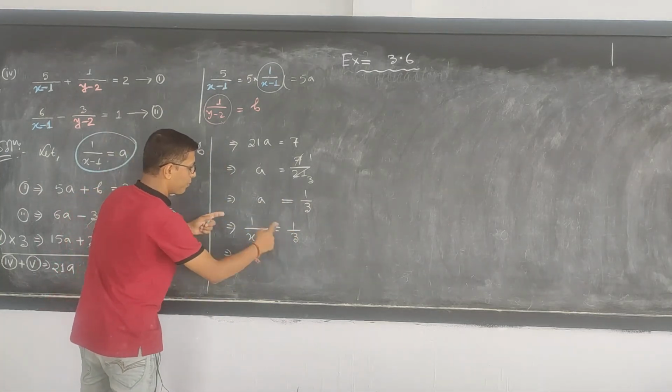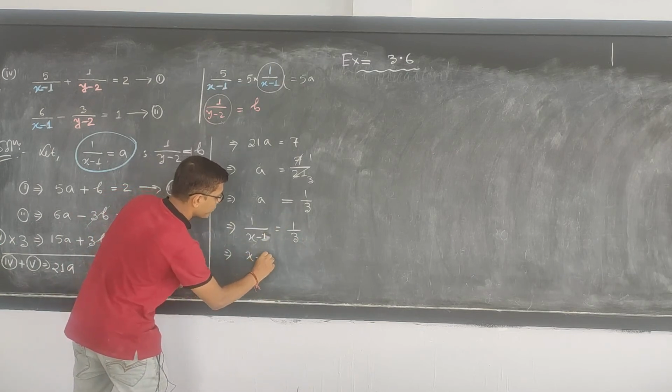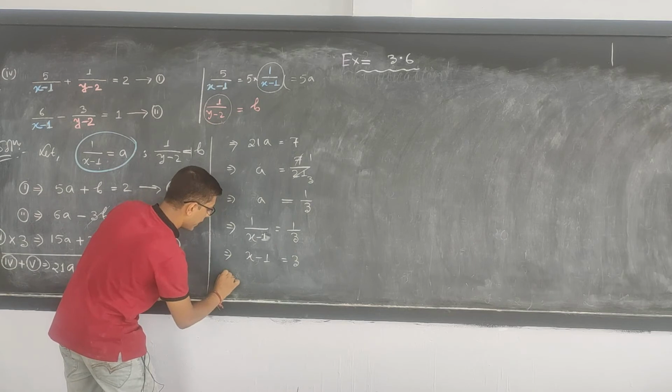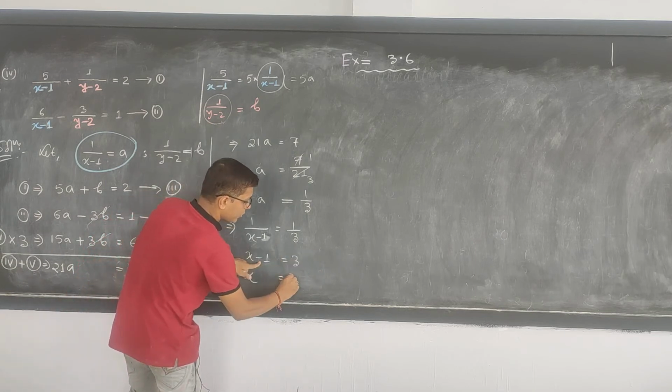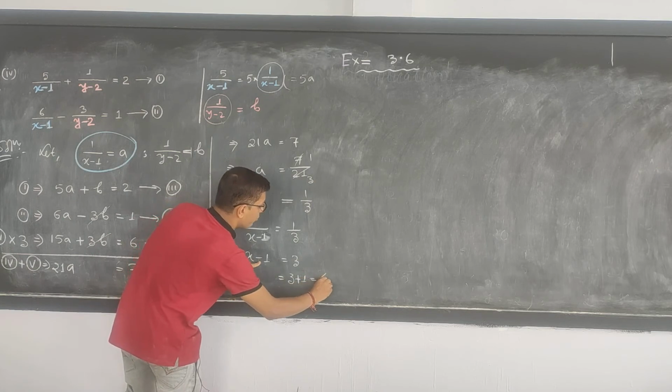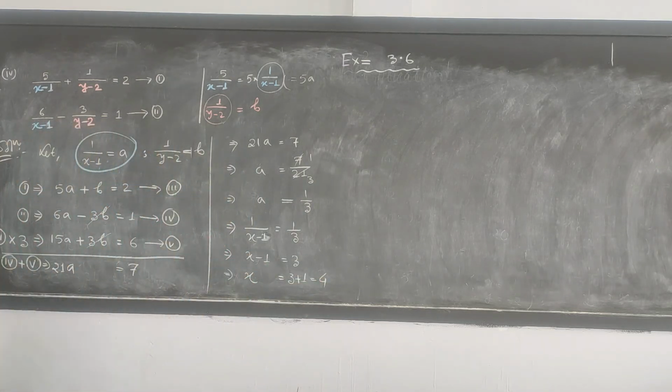So from here, if you cross multiply, then it will become x minus 1 is equals to 3, and only x will be equals to 3 plus 1, that is 4. Yes, x is equals to 4.